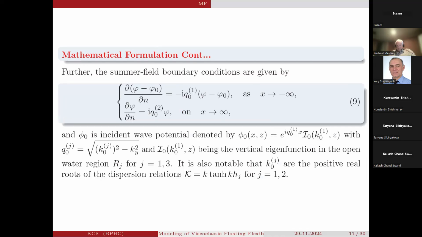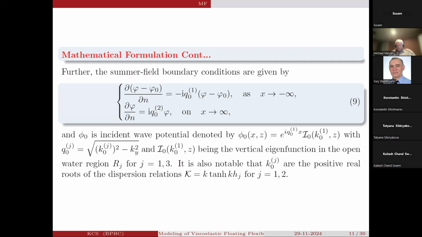Also, for the Sommerfeld boundary condition in equation number 9, you can see here, φ0 is nothing but the incident wave potential denoted by this expression, φ0 = A e^{i q0j x} I0, and q0j for both of the regions has this form, k0j squared minus ky squared, and I0 is nothing but the vertical eigenfunction in the open water region.